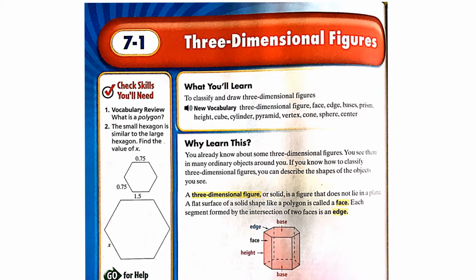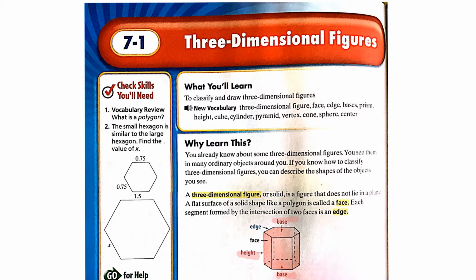A flat surface of a solid shape like a polygon is called a face. Each segment formed by the intersection of the two faces is an edge. So looking at this figure, it has two bases, one on the top, one on the bottom. The height is the distance between the bottom base and the top base.